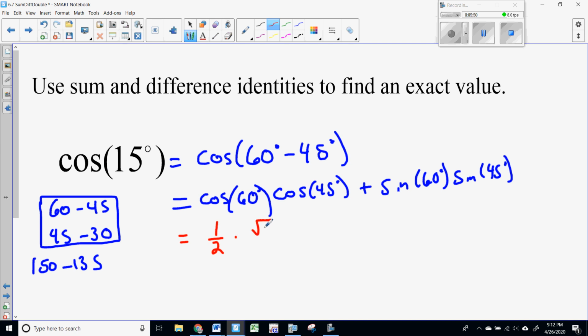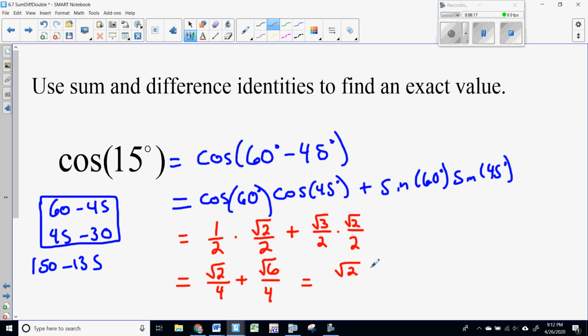Cosine of 45 is square root of 2 over 2. Use your unit circle to help you here. Sine of 60 is square root of 3 over 2. Sine of 45 is square root of 2 over 2, which is going to give me square root of 2 over 4 plus, when you multiply what's underneath the radical, square root of 6 over 4. So my answer here is square root of 2 plus square root of 6, all over 4.